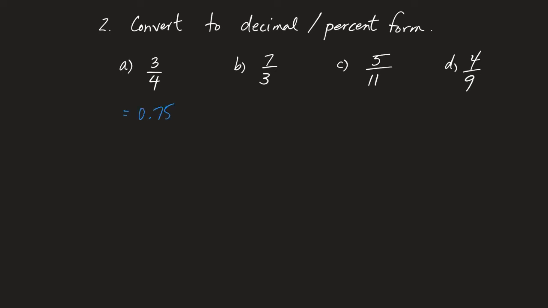So you already have it as a decimal, 0.75. Please do not read that as zero point seventy-five. I know that we understand that that is 75 hundredths. 75 cents. How many cents are in a dollar? 100. It's 75 hundredths.